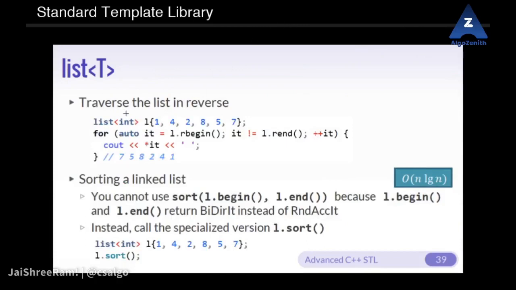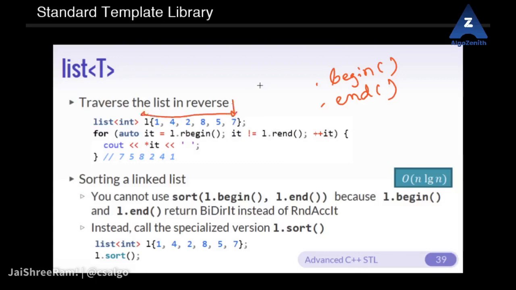So you can traverse the linked list in the reverse direction as well. We had begin and end, right? We also have rbegin and rend. It just flips the direction of looping. So if you do rbegin and you run till it's not rend, you keep on increasing, so it will go from this end to this end.